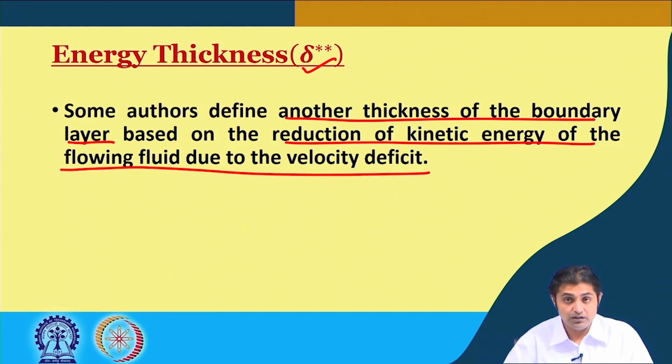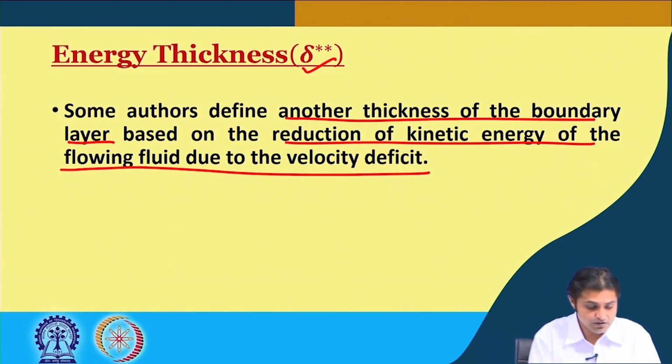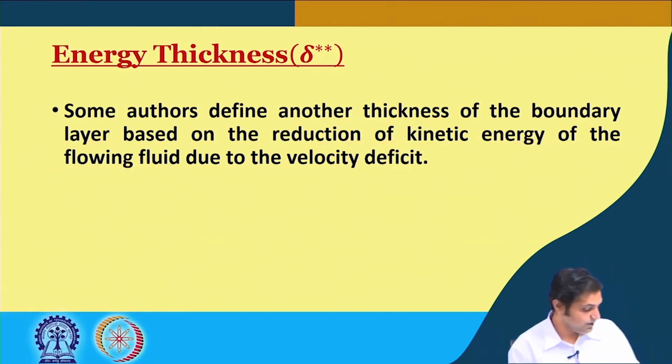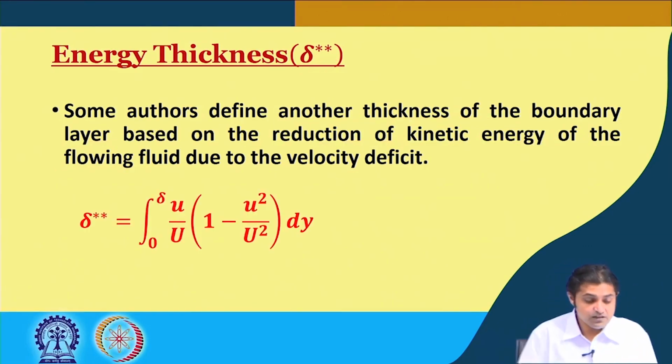So, the momentum thickness was due to the loss of the momentum flux, displacement was due to the loss of the mass flux, and the energy thickness is due to reduction of the kinetic energy of the fluid due to the velocity deficit. Okay, and we will just write down the equation here. It is given as integral of 0 to delta (small u by capital U) into (1 minus u square by capital U square), where U is the free stream velocity, into dy.